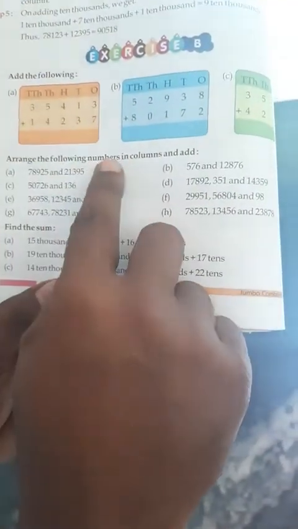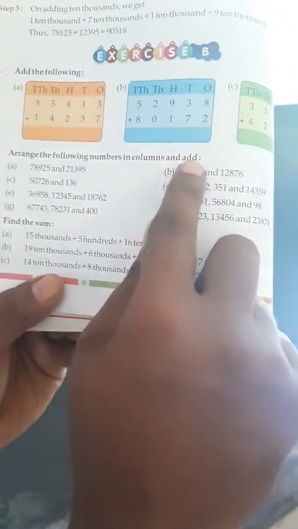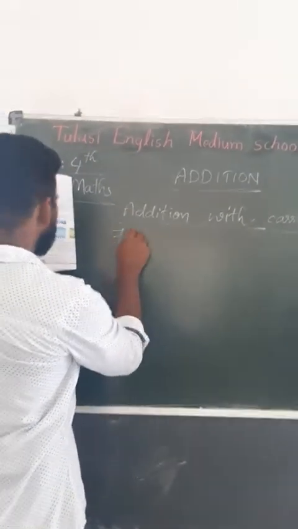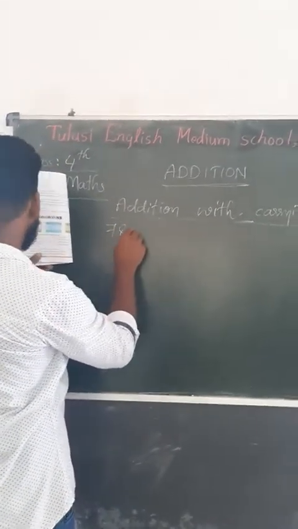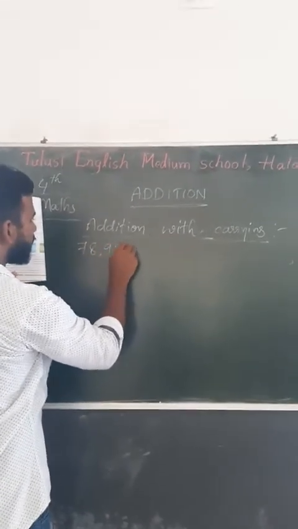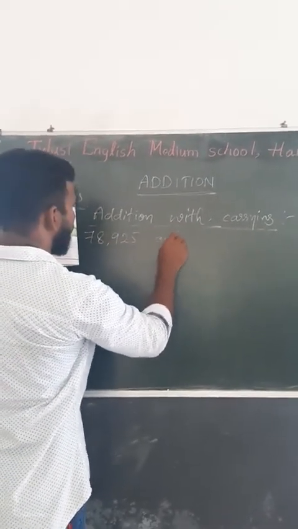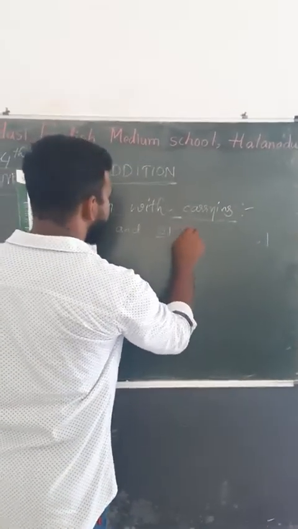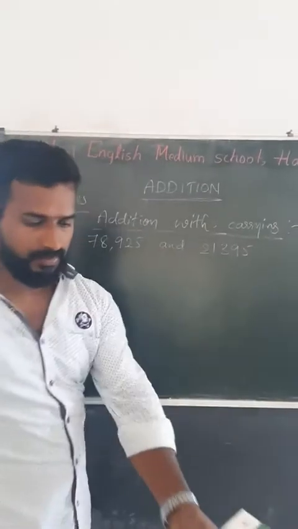One more. Arrange the following numbers in the columns and add. First one. 78,925 and 21,395.